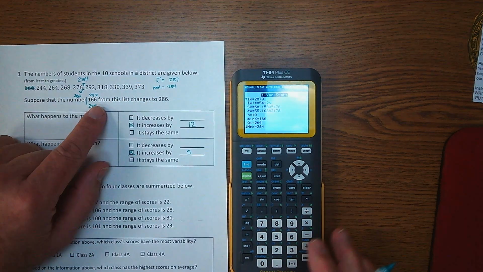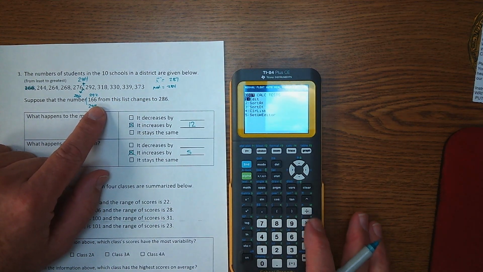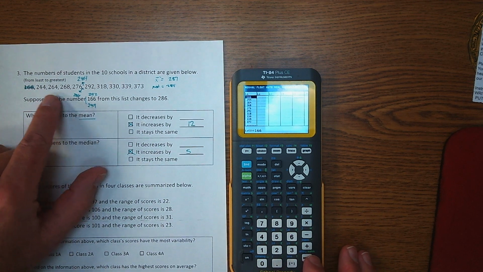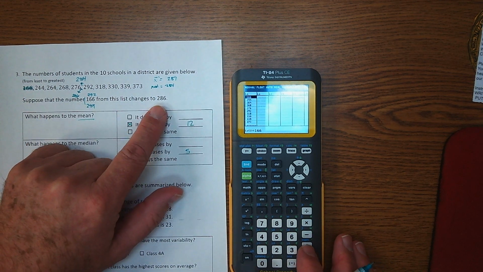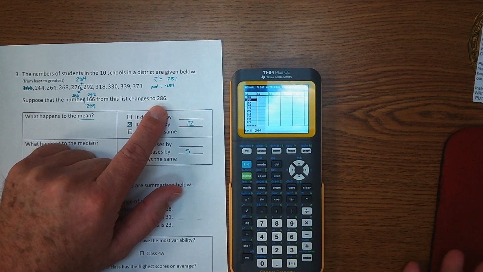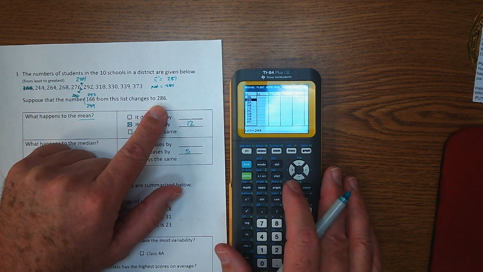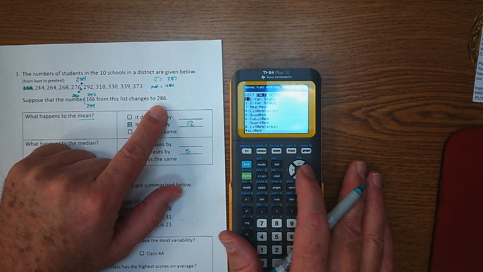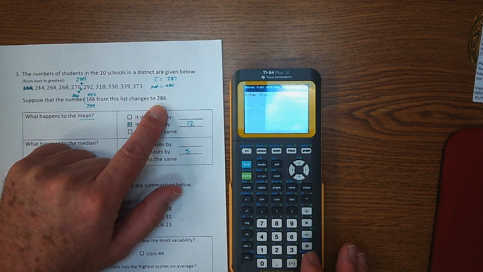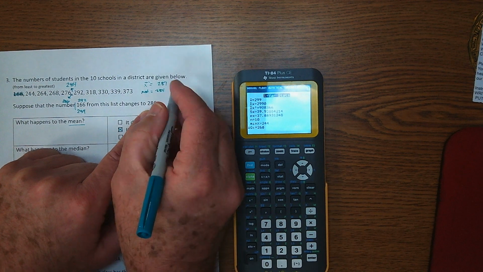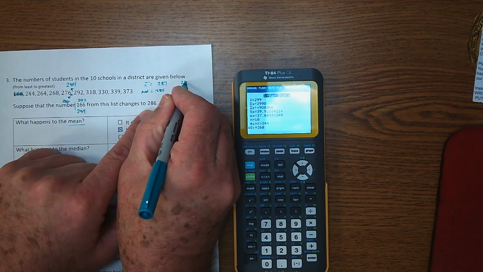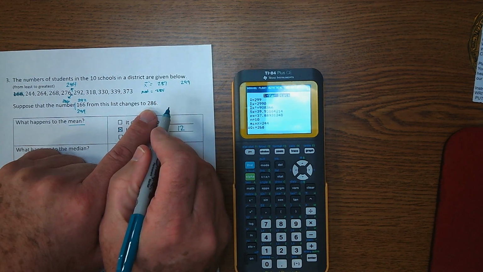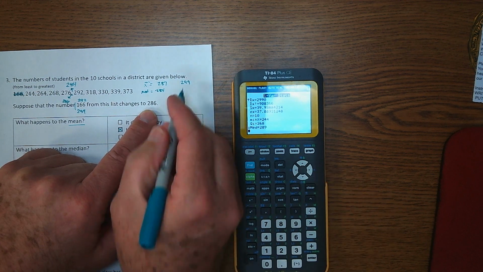Now go change the number, so go back to my list, edit my list, find my 166, take it out, put in 286, so put 286 right there. I don't care if it's in order or not, calculator doesn't care. Okay, go back to stat, recalculate these, and your average is now 299, so it went up, and your median went up to 289.